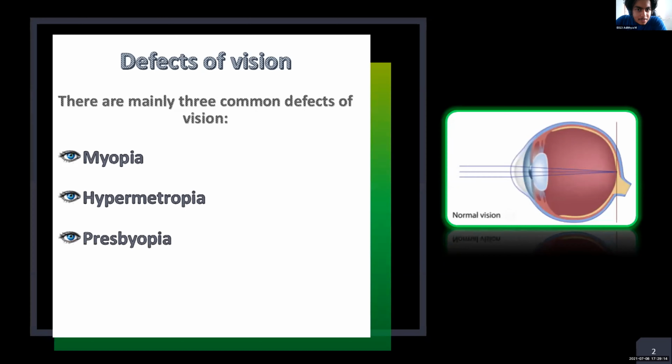Correct. So these are the three main common defects of vision. Now we look in depth at the three defects. First, we'll start with myopia.